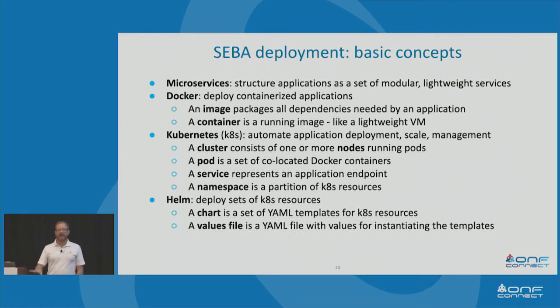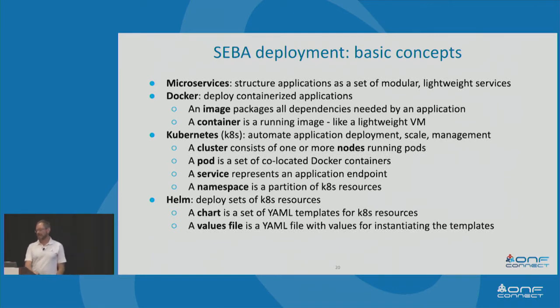Since not everybody has worked with Kubernetes before, maybe we should just take a minute to walk through some of the basic concepts of the deployment of SEBA. You'll see more of this today in the hands-on, but I'll give you a little bit of background. A SEBA deployment consists of a bunch of microservices running on Kubernetes.